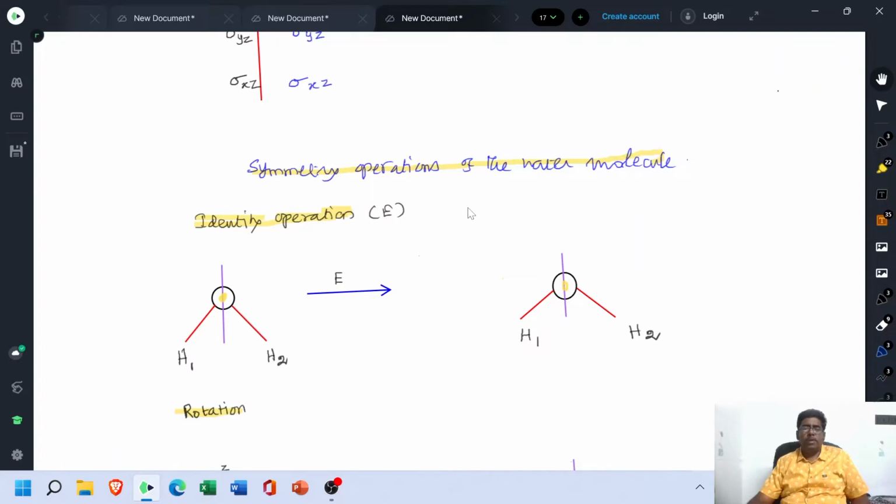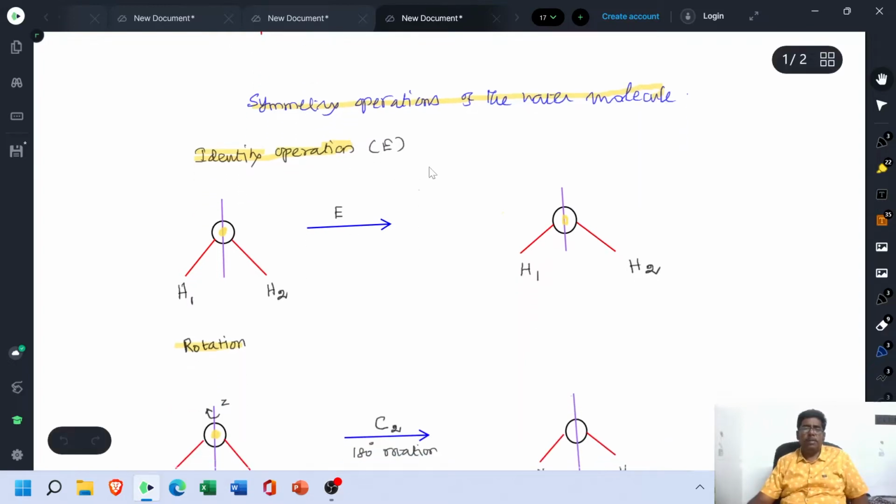If we carry out a certain operation, and even after the completion of the operation the body retains its original position, such an operation is called a symmetry operation. It is the identity operation. Identity operation means no operation or 360 degree rotation. Doing nothing is called the identity operation.